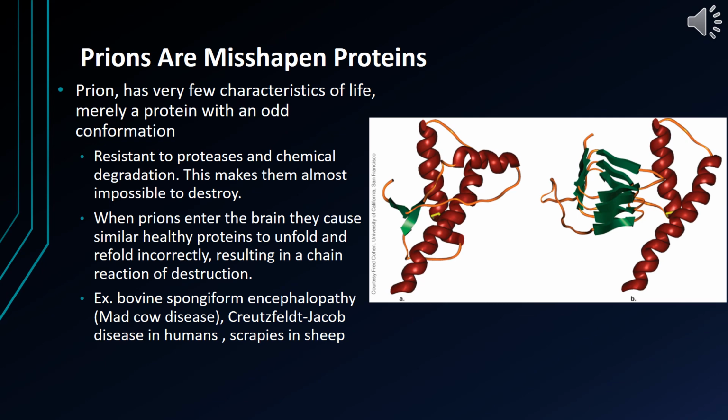And some types of diseases caused by prions are bovine spongiform encephalopathy, more commonly called mad cow disease, and the analogous disease to this is called Creutzfeldt-Jakob disease in humans, or Kuru, and there's also a disease called scrapie in sheep, which I believe also causes some sort of sheep mange, essentially.